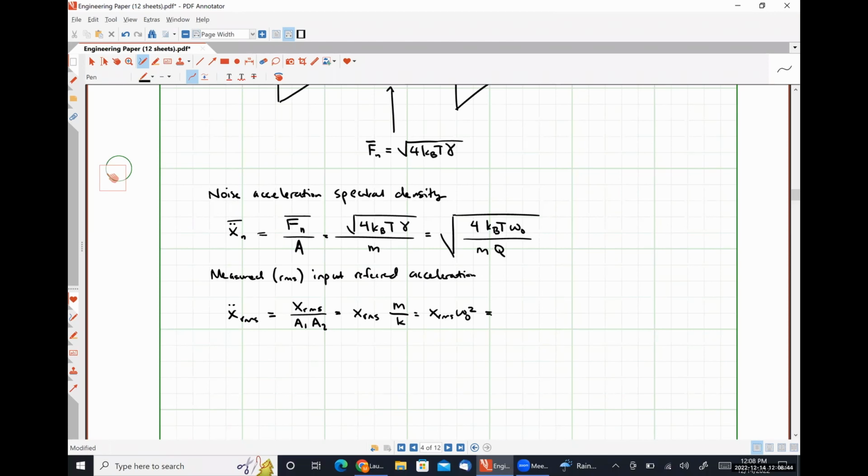Where XRMS is the square root of kBT over m, we discussed that earlier. So we have the square root of omega naught squared times kBT over m.